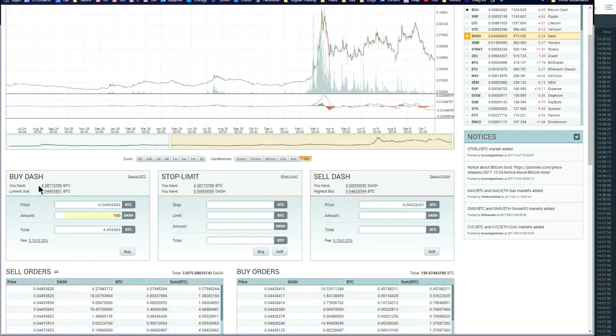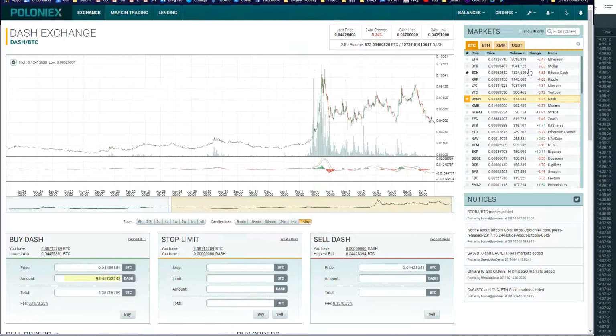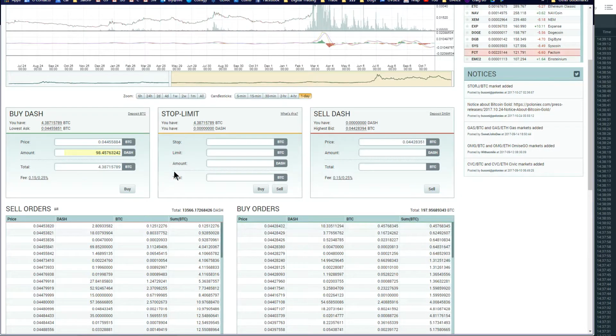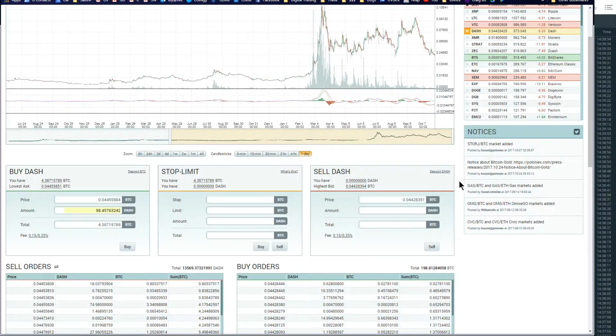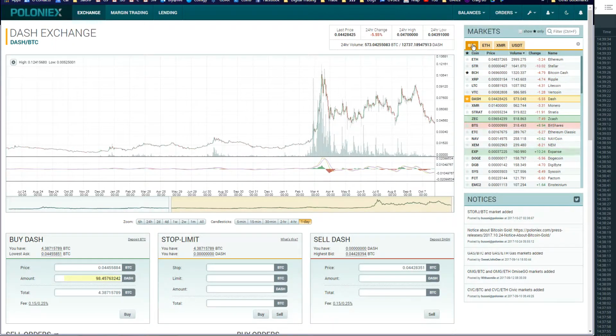Buy Dash. You have 4.4 BTC. Oh, Dash. What price is Dash at? 0.044. Anyway, this is probably confusing you. Either way, I'm not doing the math on Dash, and my screen is not scrolling very smooth anymore. Now I'm 12 minutes into this thing, and it's locking up.